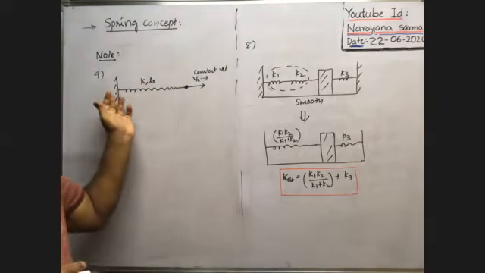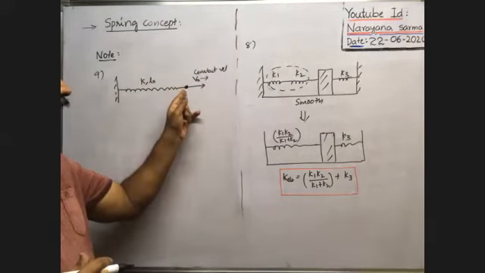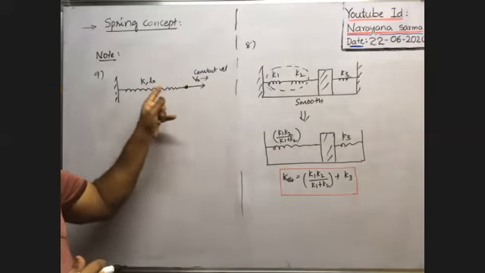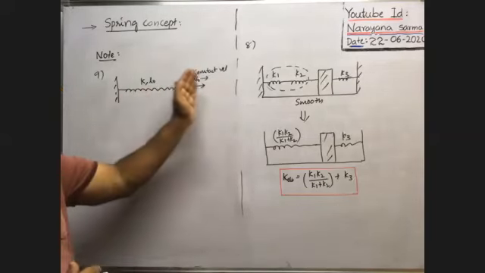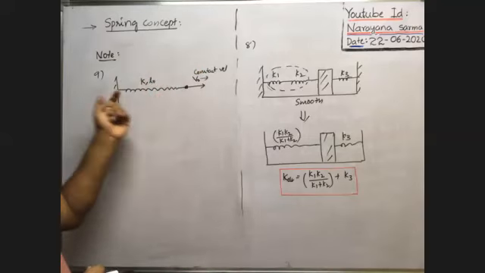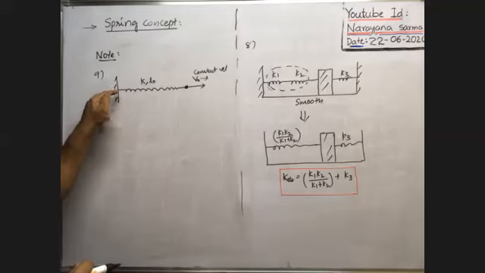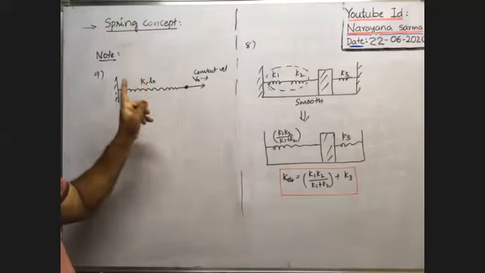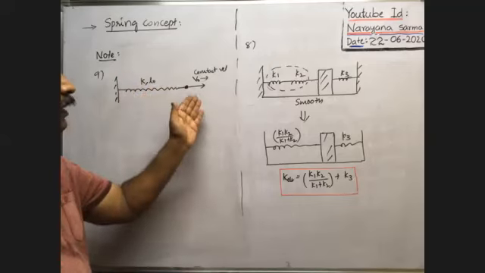Whenever one end of the spring is fixed here and the other end is pulled with a constant velocity V0 towards the right, each and every turn in the spring will be displaced in this direction, so that each turn has velocity. Of course, as this end is fixed, it has zero velocity, but each and every turn in the spring will have some velocity.